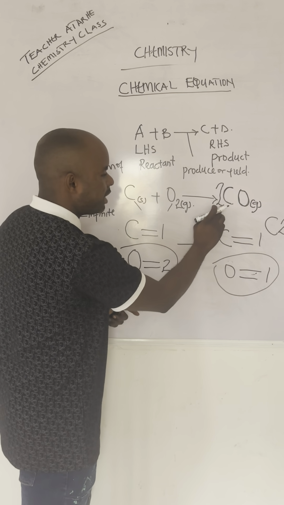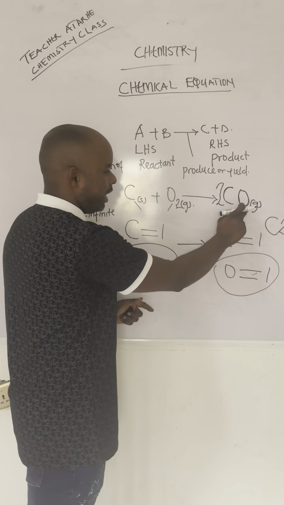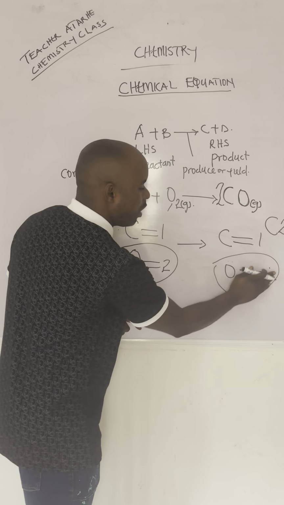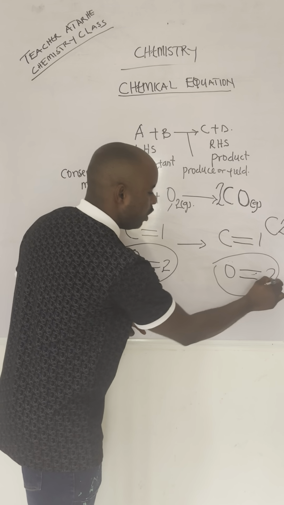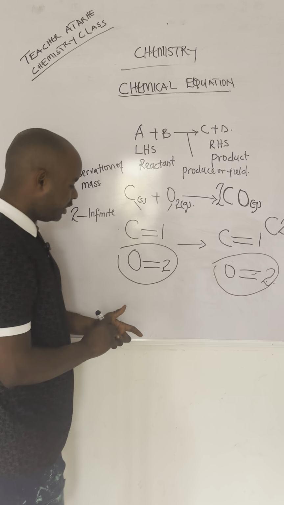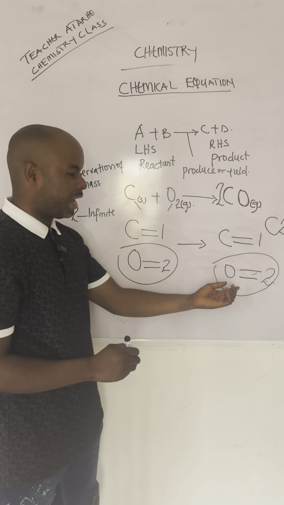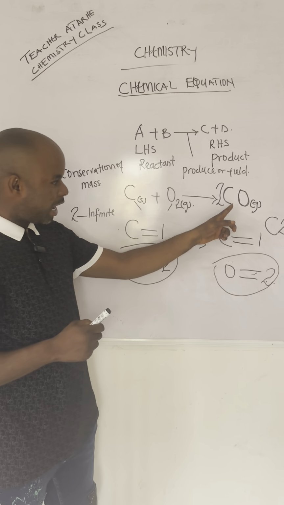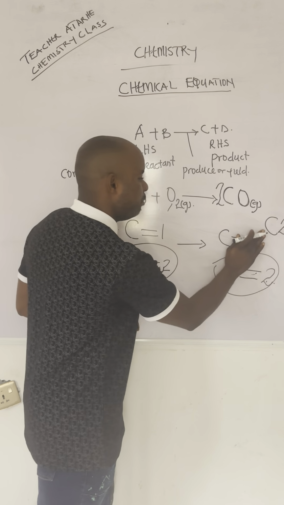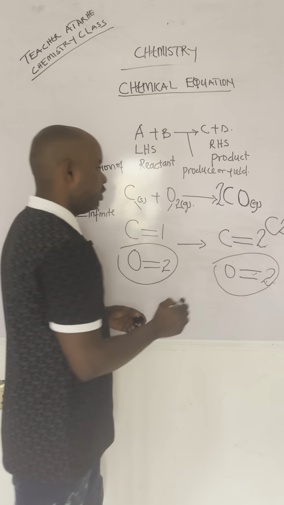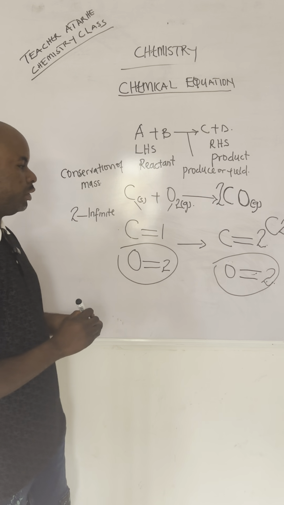So we have 2 times 1 here, which is the oxygen, so we're going to have 2 oxygen. So this oxygen and this oxygen are balanced. Moreover, this carbon here automatically became 2. So how can we balance this equation?